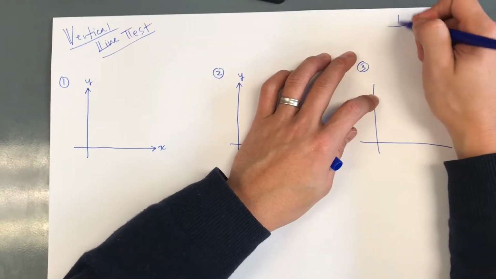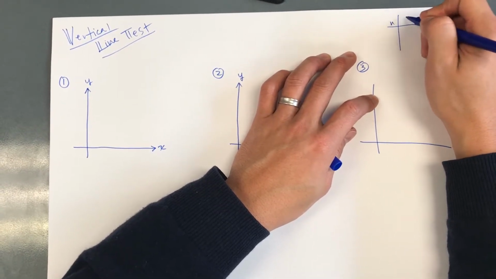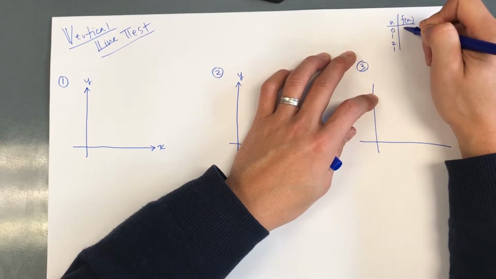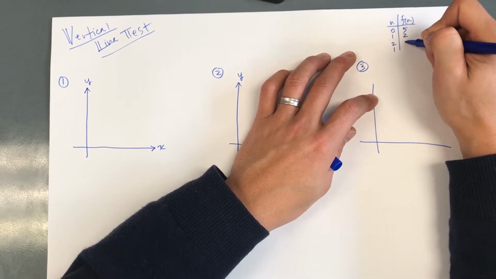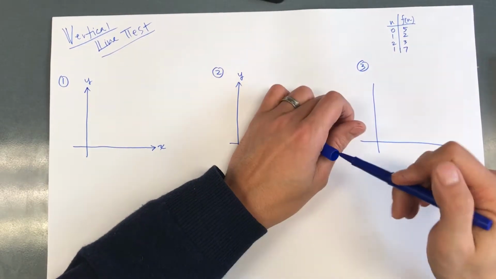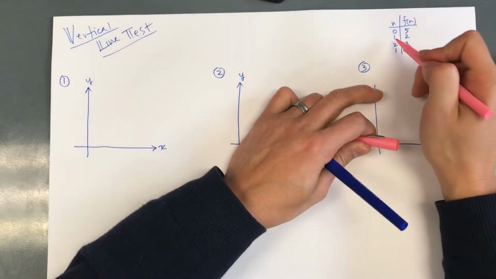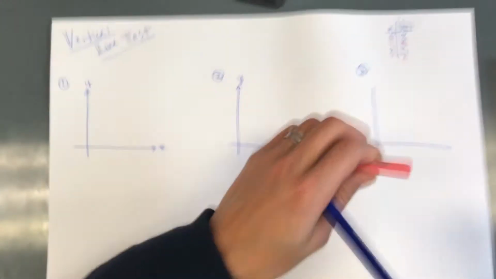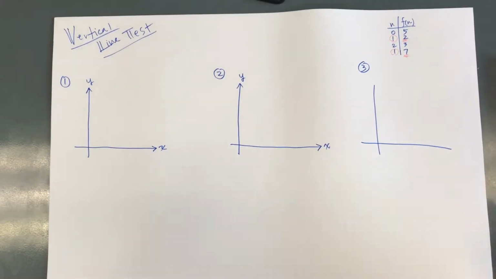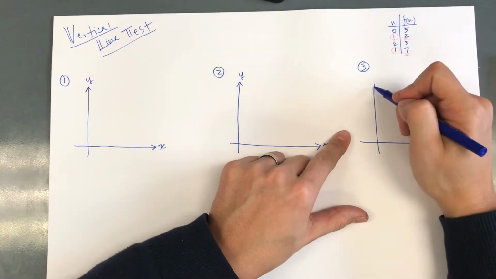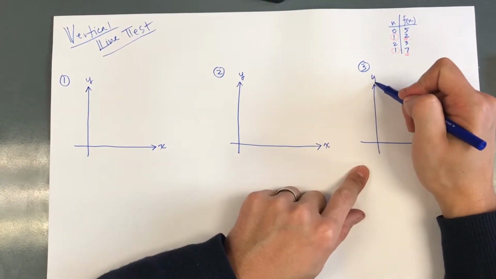For example, it doesn't make sense to have a table like this: 0, 1, 2, 1 and 5, 2, 3, 7 or something, right? Here, for input 1 you have two outputs, which makes no sense, and we don't call that a function.